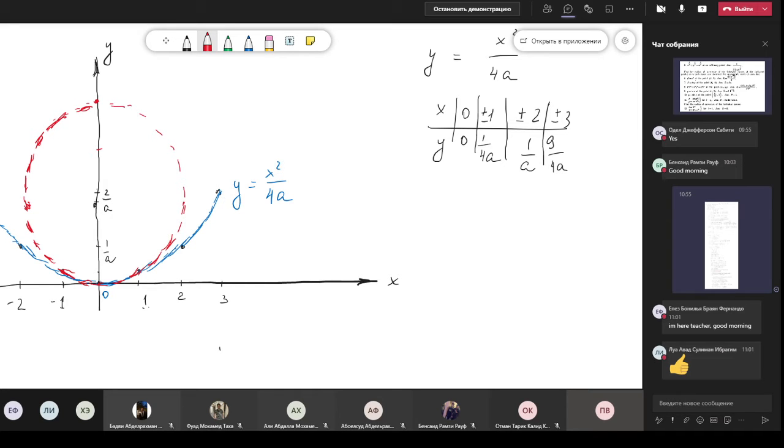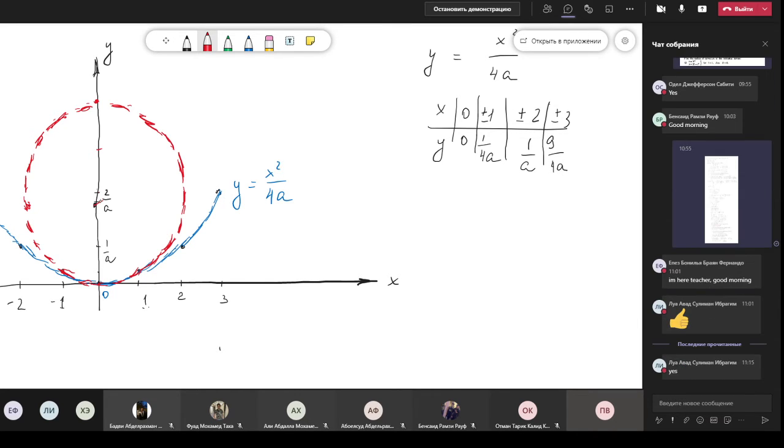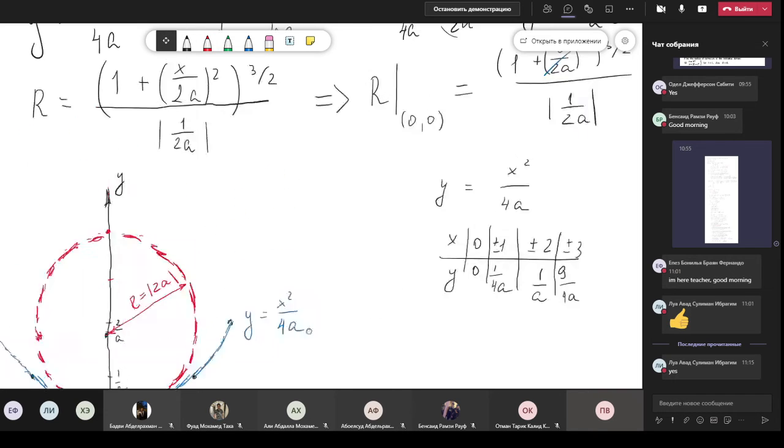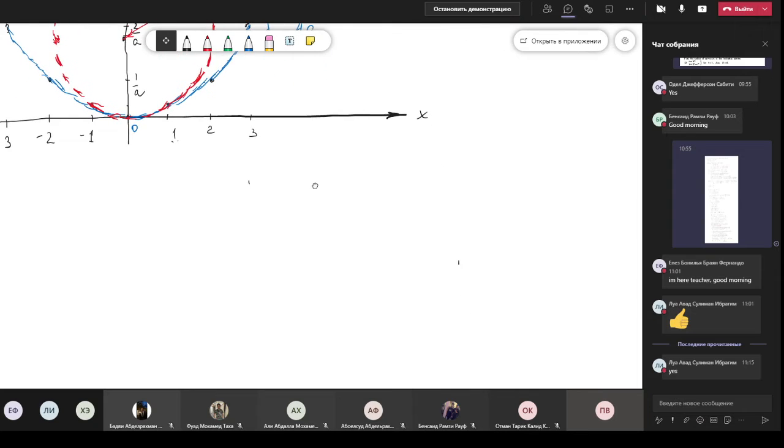Our circle of curvature has radius of curvature modulus 2a. Clear? The radius of this curvature is 2a. Good. Very easy.